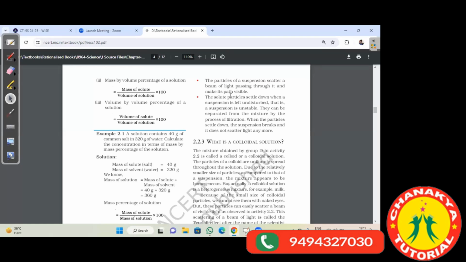But when they settle down at the bottom, then they will not perform scattering of light.